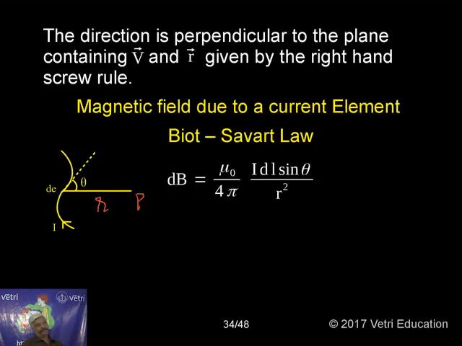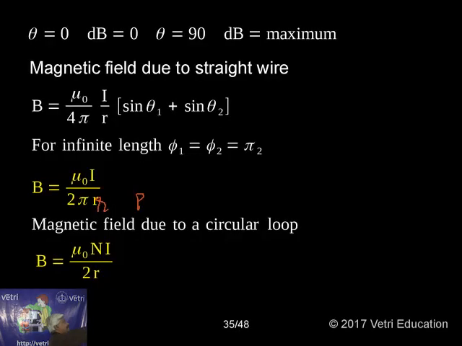Wherever we are going to find the magnetic field due to a straight conductor or circular coil carrying current, whatever may be the thing, we have to compare with the Biot-Savart law only. If theta is equal to 0, sin 0 is 0, therefore no magnetic field is produced. If theta is equal to 90, sin 90 is the maximum value, therefore the magnetic field produced is maximum.